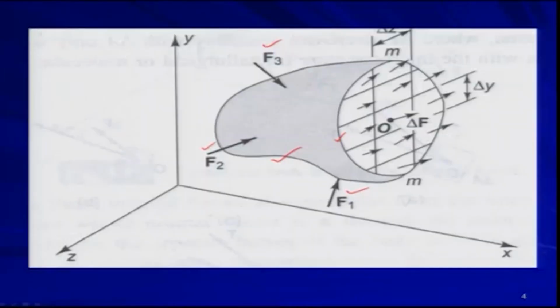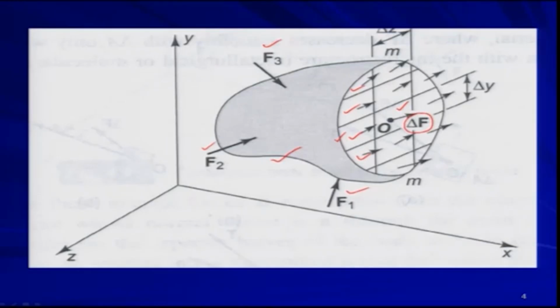Now on that plane, if we discretize into different segments, like this is one segment, this is another segment, likewise several segments are there. If we consider one segment like this, which is containing the point O, on that particular segment the force delta F is acting.